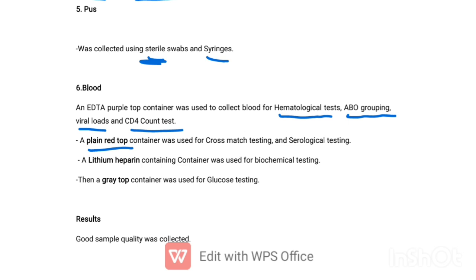It's just empty. Mostly it's used for cross matching in the blood bank and for serological testing.